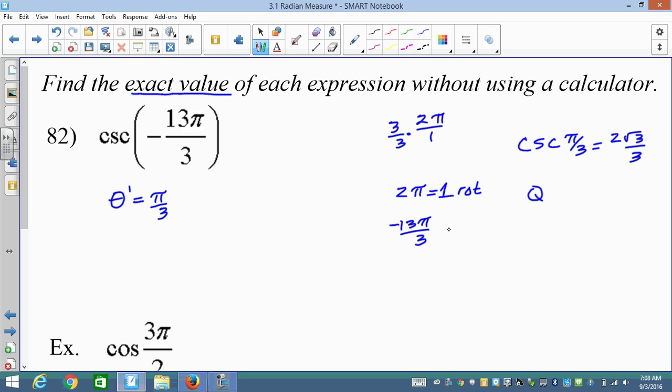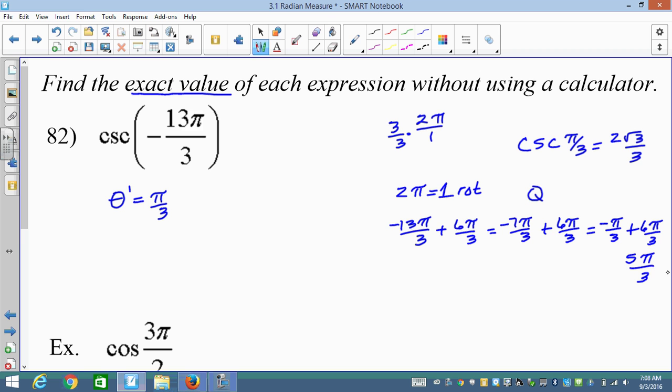So I get 6 pi. So I'm going to add 6 pi over 3, and I get negative 7 pi over 3. So I add 6 pi again, and I get negative pi over 3. So I'll add 6 pi again, and I get this time 5 pi over 3.